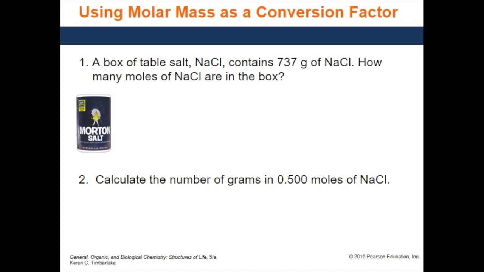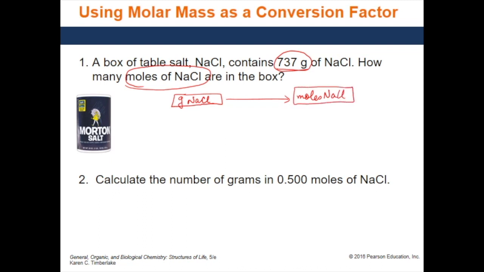How many moles of NaCl are in the box? So what is given to us? We are given grams of NaCl. The question is asking to go from grams to moles. Let's make our map. Grams of NaCl to moles of NaCl. What is the relationship that relates moles to grams? It is molar mass. So let's find the molar mass of NaCl first.